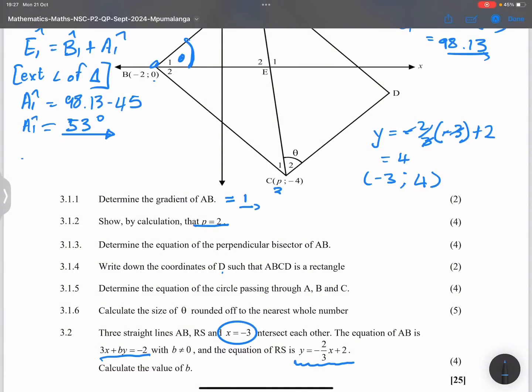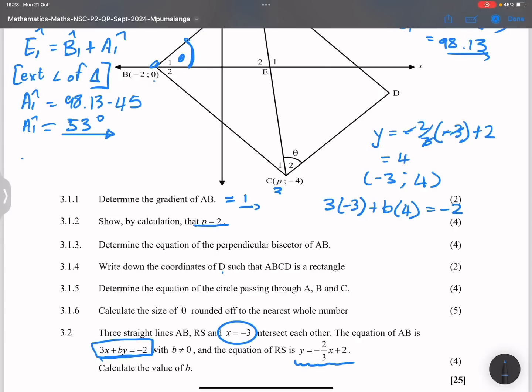So now I can substitute that point into that equation. 3 times negative 3, plus b times my y, which would be 4 at that point, is equal to negative 2.